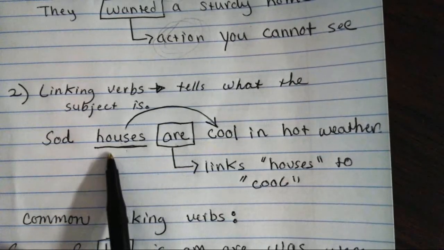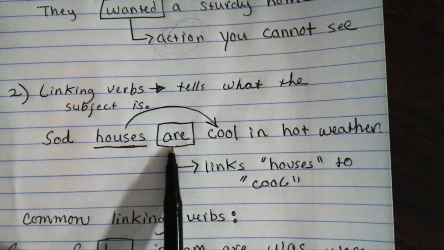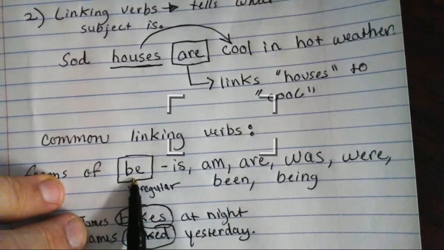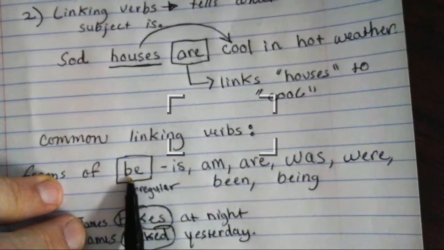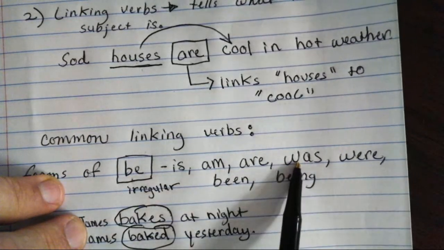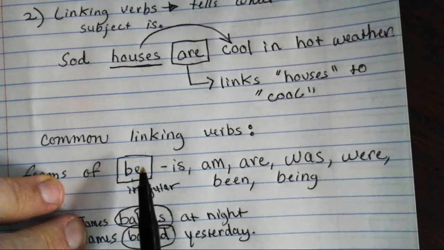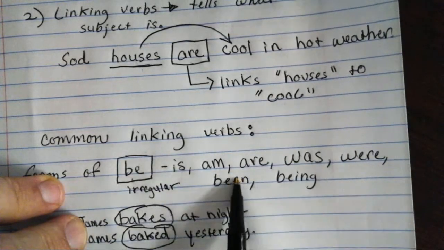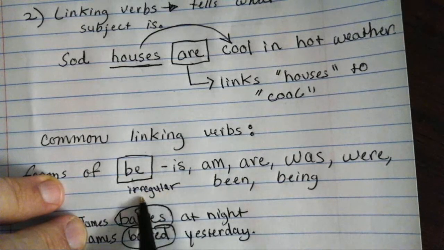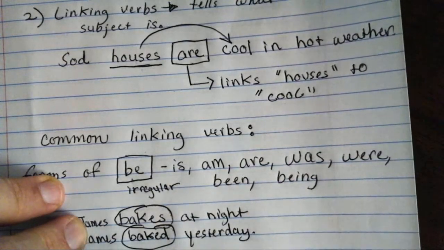So we're talking about how it exists in life. This seems very complicated, I know, but all you really got to remember is that be is a linking verb and comes in many different forms. Was is a form of the verb be. Were is a form of the verb be. Been is a form of the verb be. But be is an irregular verb. That's why it changes in all these different situations.